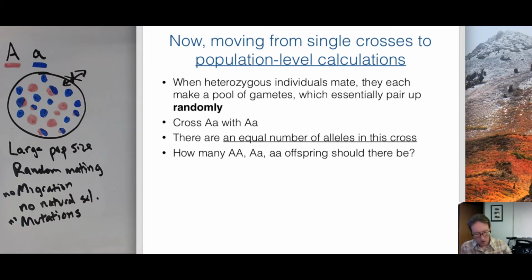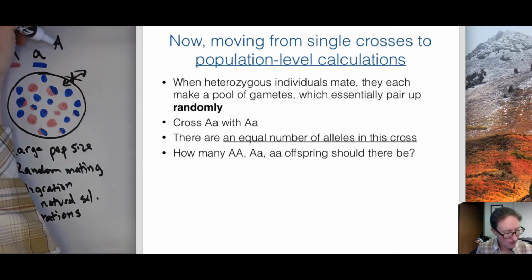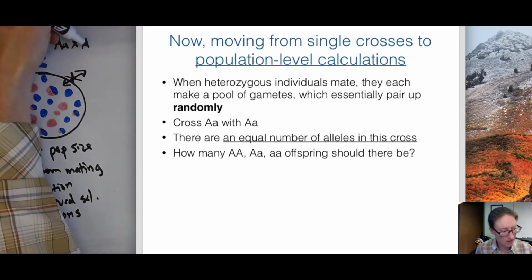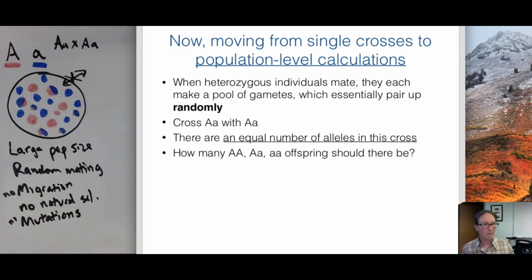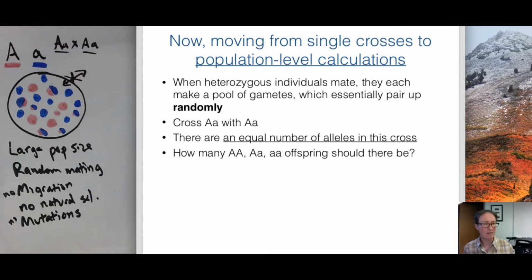Okay, so what we're going to do is take some ideas from thinking about individual crosses to population level calculations. So when we think about a cross between two heterozygous individuals, so we're thinking about big A little a crossed with big A little a, each of these individuals, the first step in that cross is thinking about what kinds of gametes do they make.